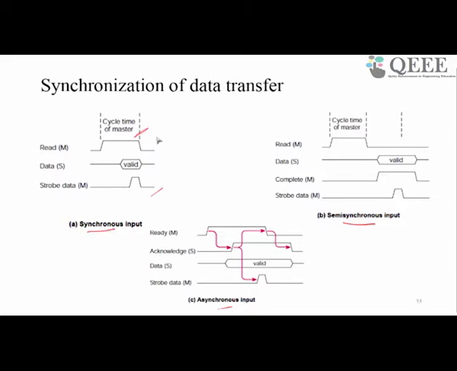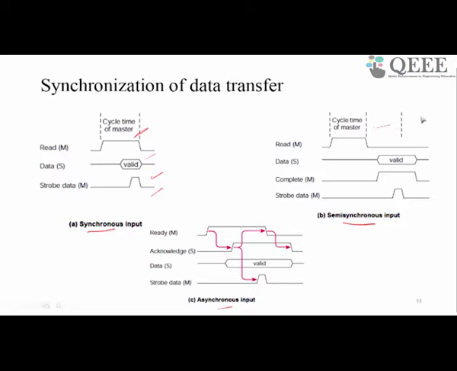So the master inherently assumes that the device will be ready to transfer the data in a given clock cycle, that the data would be placed by the device, therefore it can simply take or store the data inside.